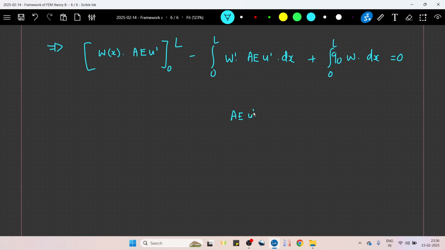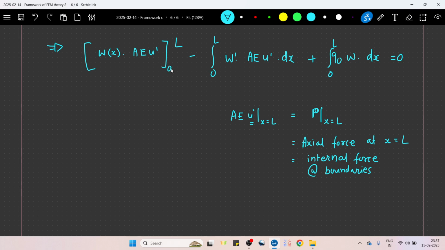AE u dash at x equal to L is nothing but P, which we denote as P at x equal to L. So this is nothing but our axial force at x equal to L. In another term we can say this is an internal force, because it is coming from u dash, so it is an internal force at the boundaries.